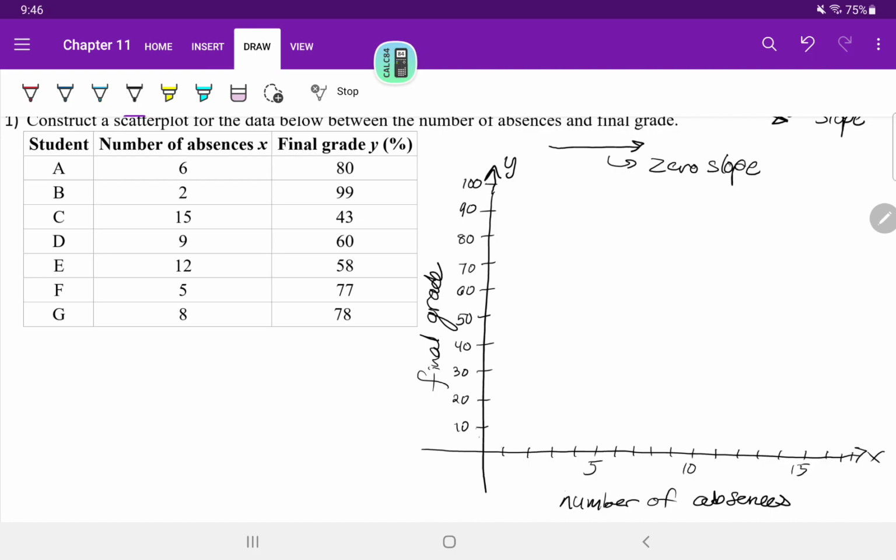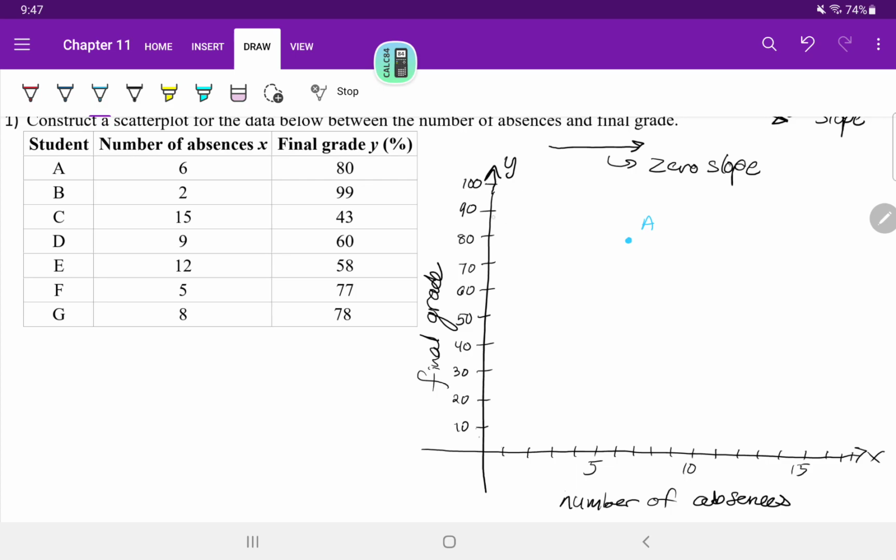Now let's plot each of those points. Student A, 6 absences and the final grade was 80. X is 6, Y is 80. So it's going to be right up here. We're going to do the same thing for the next set of pairs. Student B, 2 absences, final grade 99.